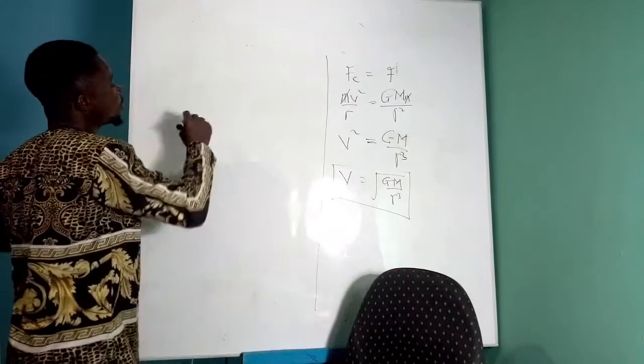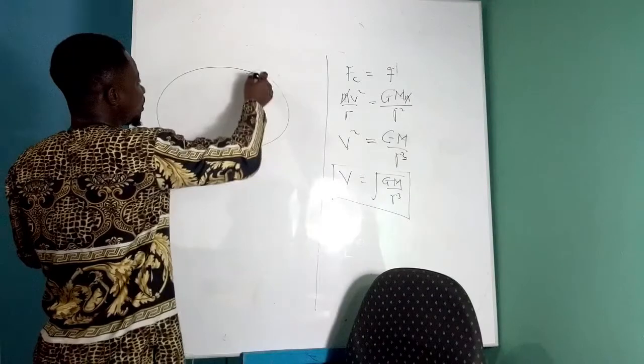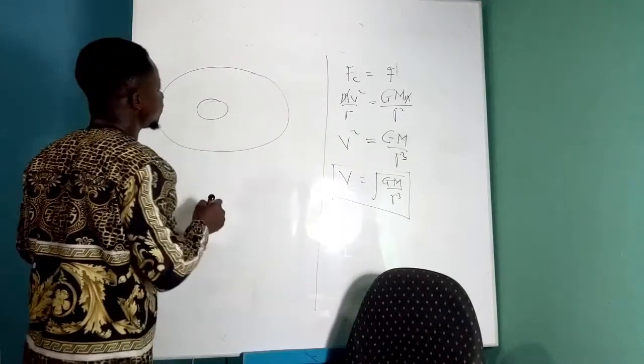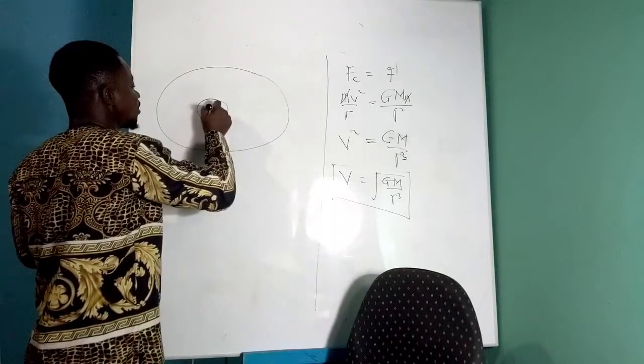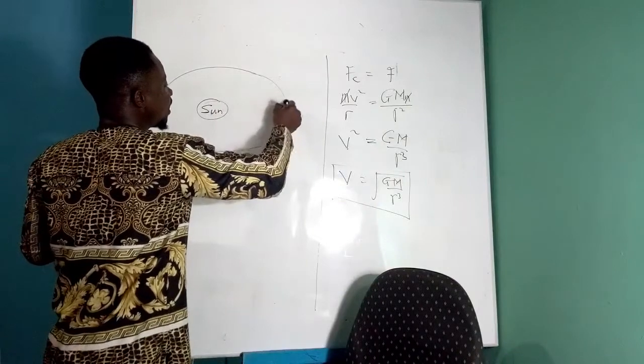Let's look at this. For instance, let this be the orbit of the Earth, and let this be the sun. So this is the sun, and this is the Earth.